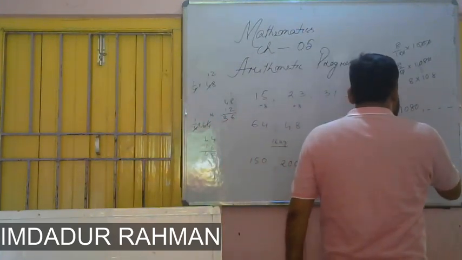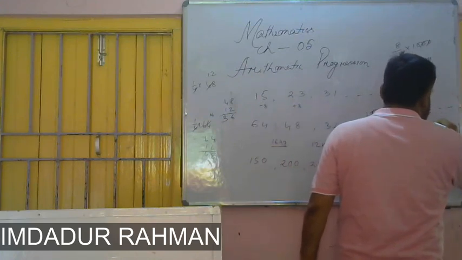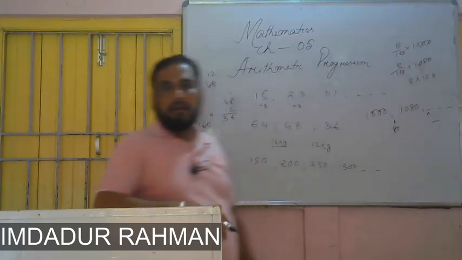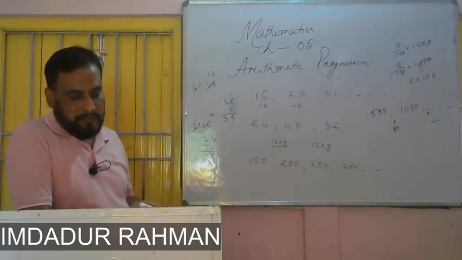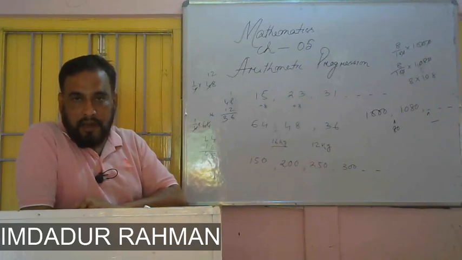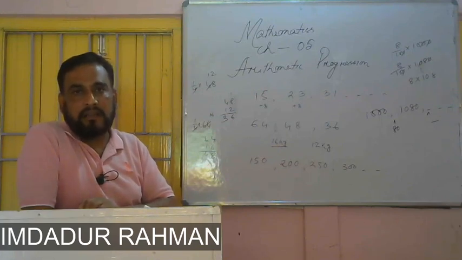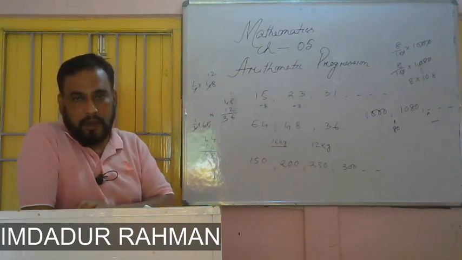First one is 80, second one will become more than 80. Okay, so it is not arithmetic progression. So remember, for simple interest, if we make a series calculating simple interest, then it will become an arithmetic progression.